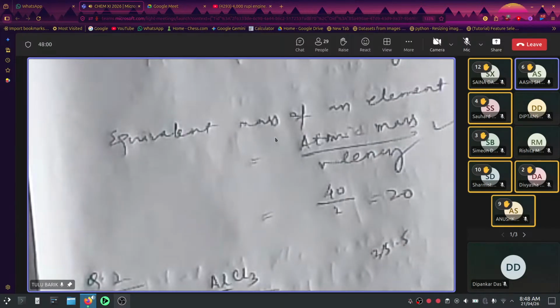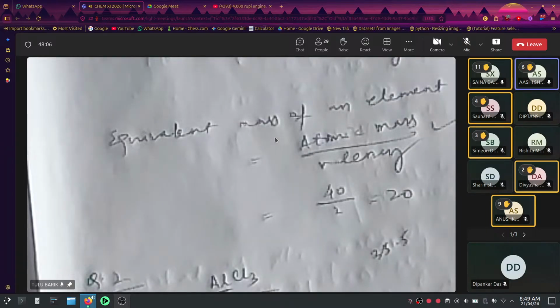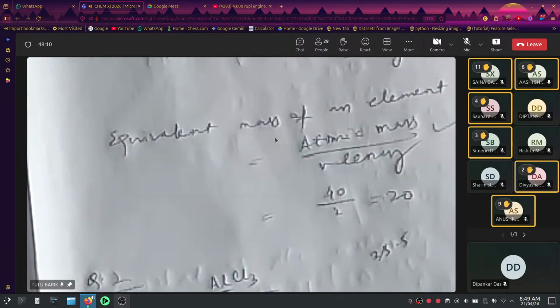Have you understood? Sir, I have taken 64 in copper. Yes, sir. I have also taken 64 as round off. Okay. Better to take 63.5. In most books, this value is given. Better to take 63.5. Okay, beta?